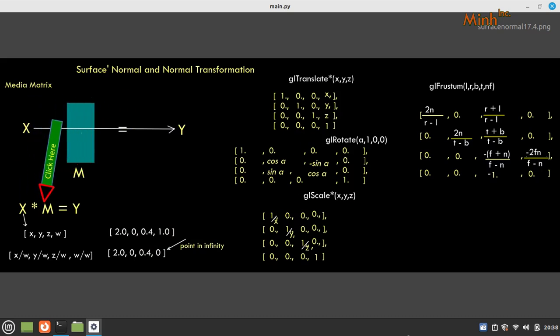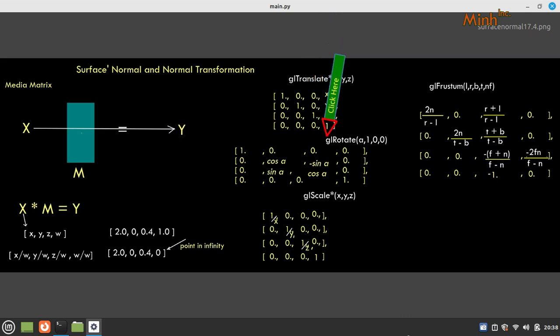And then M, the media, is a matrix. If X passes through the media, it becomes Y. What is the media? If we are translating, then it has to pass through this matrix, where translation X, Y, Z is the fourth column.